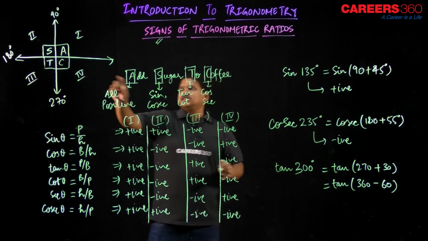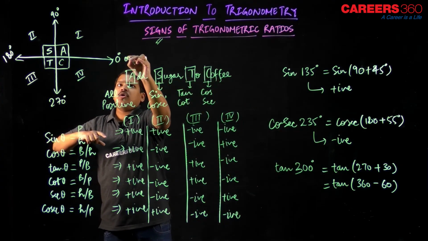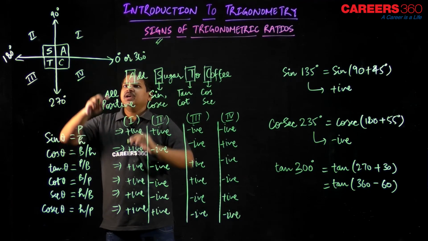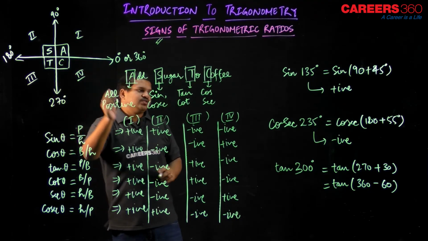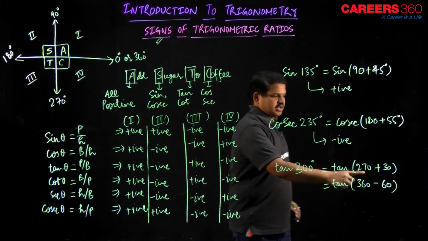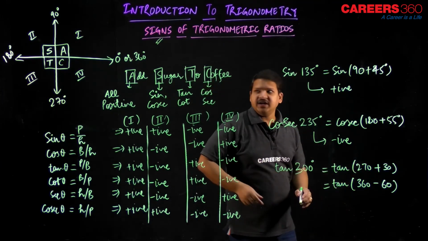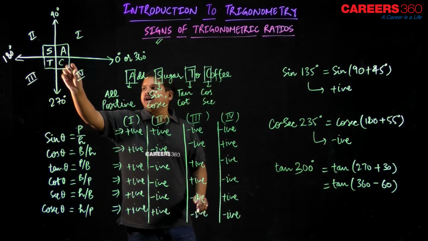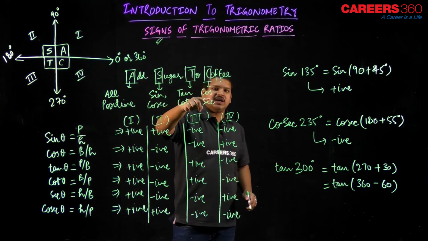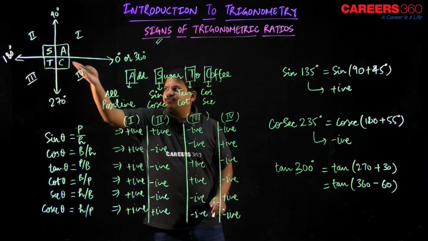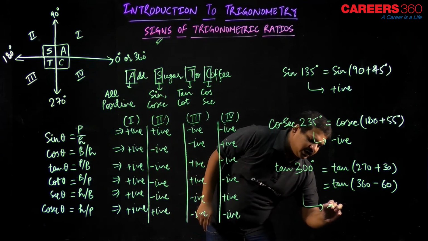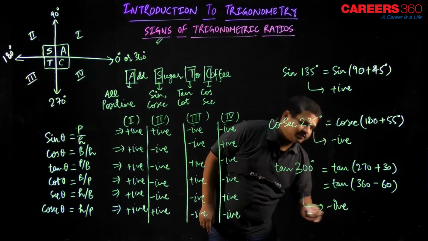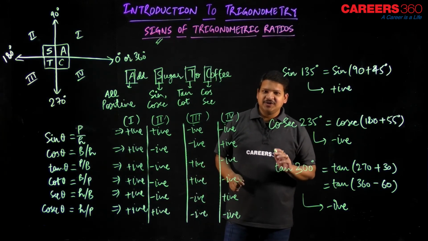So this is 0 degree or 360 degree, right? So lesser than 360 but greater than 270, right? This is tan 300, and in the fourth quadrant only cos and sec are positive. So if this angle lies somewhere over here, then this will be a negative value. I hope it is making complete sense to you.